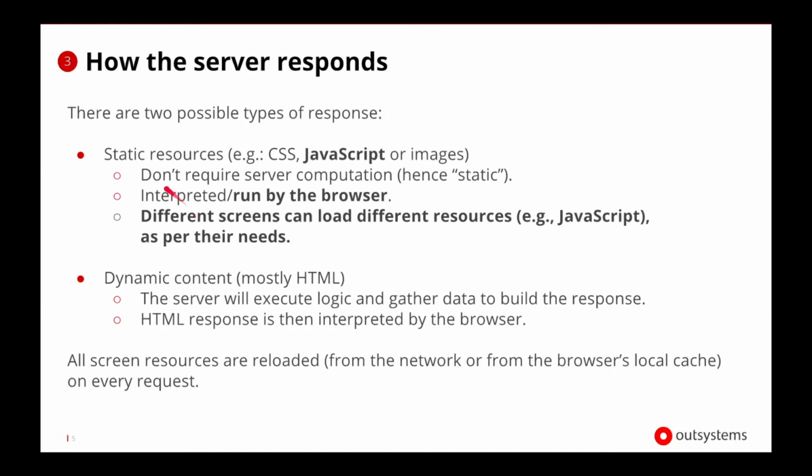It receives then some static resources which are reloaded either from the network or from the local cache, again, for this new screen. Now, this is the typical operation for a web application, whereby it simply acts as a request-response cycle, and each screen is therefore independent.